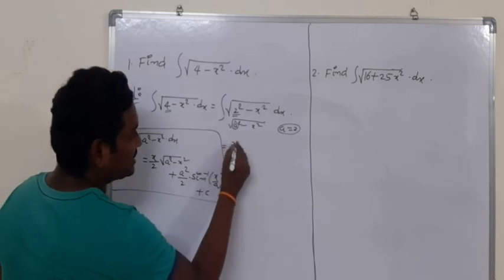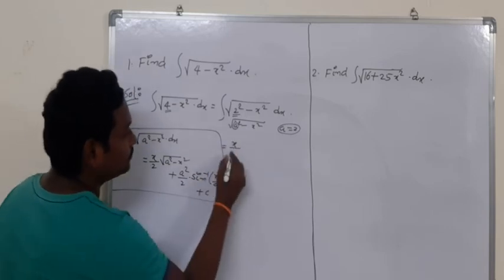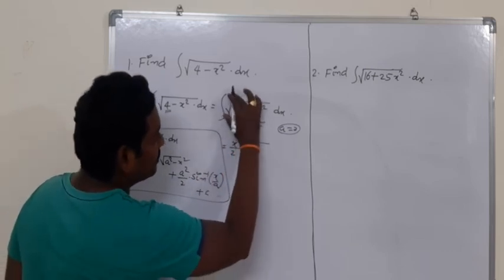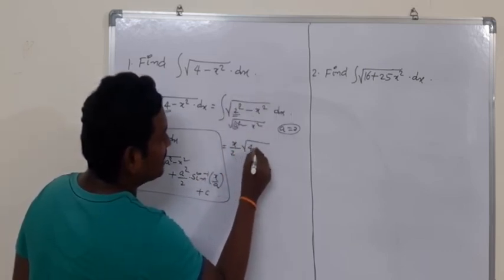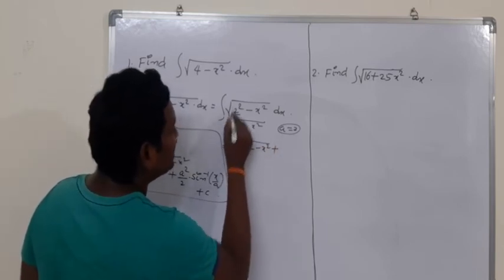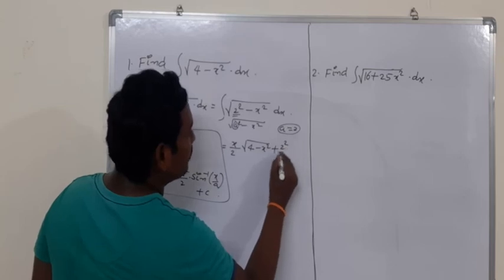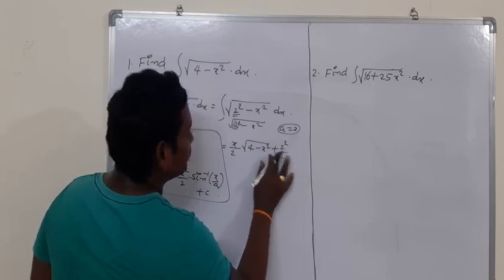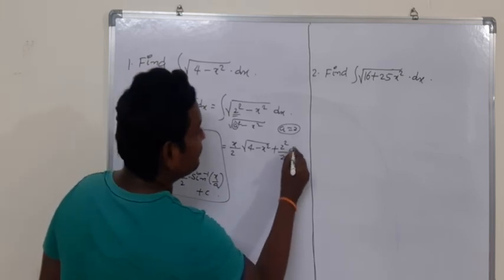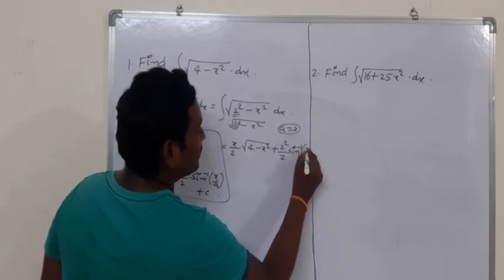So the first part is x by 2 root over, similarly, 2 square is nothing but 4 minus x square, plus a square by 2. What is a square? 2 square by 2 into sin inverse of x by a.